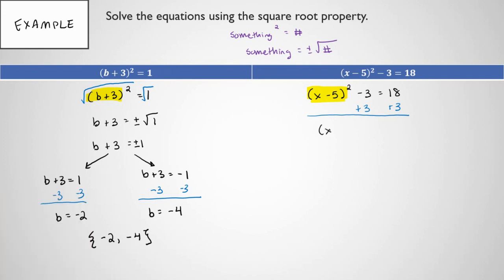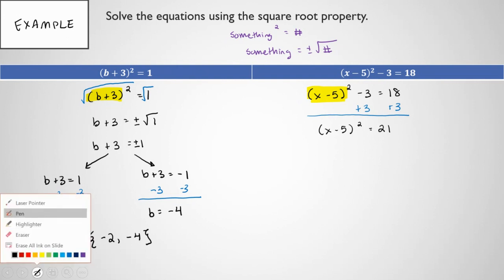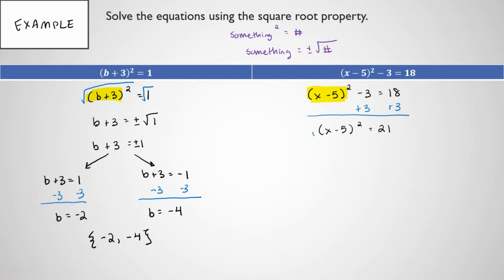This gives me x minus 5 squared equals 21. So now I have something squared equals a number, so I'm going to take the square root of both sides. That cancels out my square, so I'm left with x minus 5, and then I have plus or minus the square root of 21.